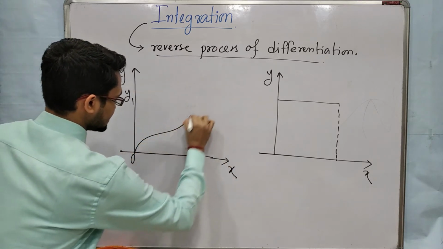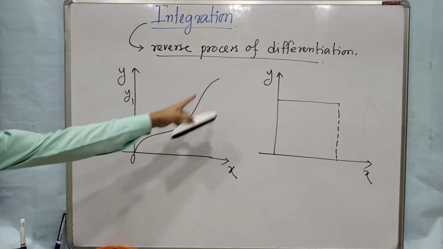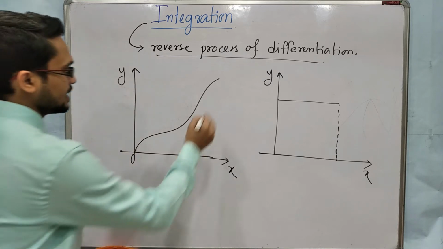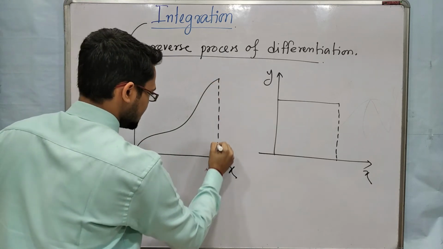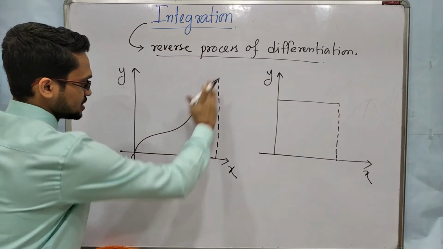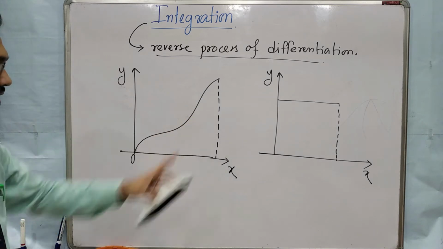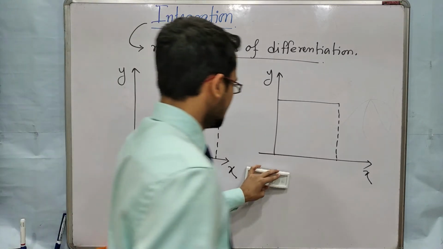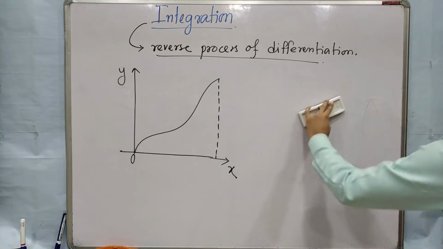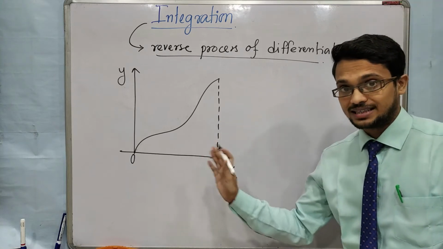Suppose this is a graph, a curve, not a straight line, and you are asked to find the area under this curve, this portion only. Then how will you find it? Here you will not get any particular geometrical figure so that you can use the formula of area. So what will you do in this case?